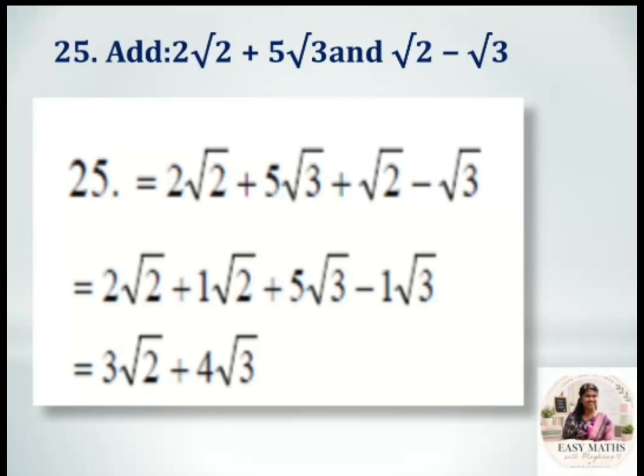Next step, do the grouping of like terms. 2 root 2 plus 1 root 2 plus 5 root 3 minus 1 root 3. 2 plus 1 is 3 root 2, plus 5 minus 1 is 4 root 3. So the final answer is 3 root 2 plus 4 root 3.